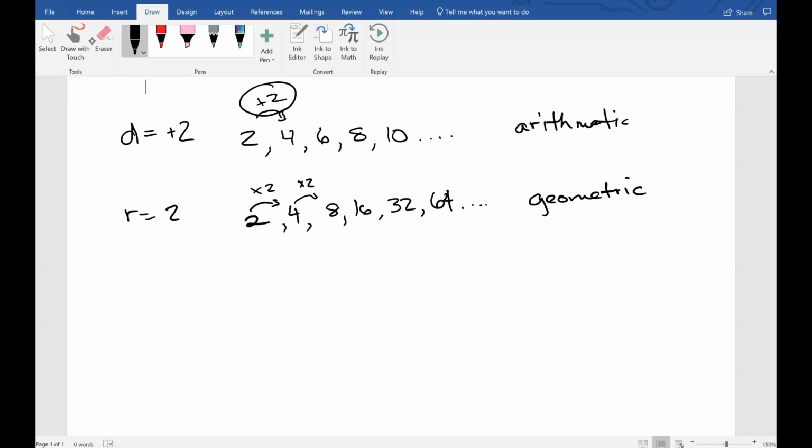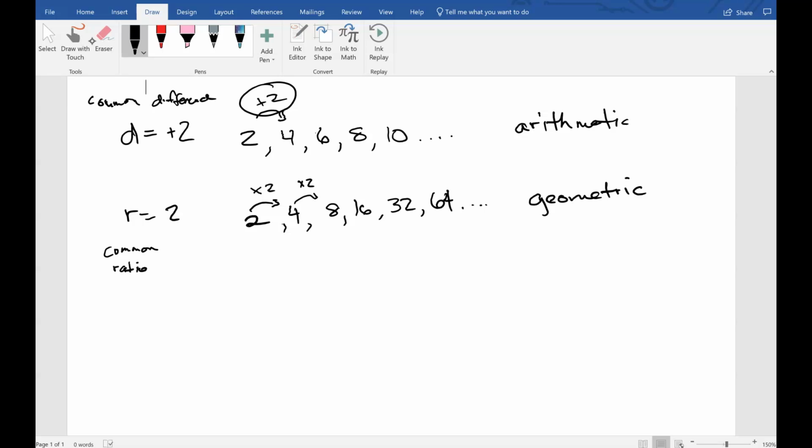We let D equal the common difference, and R equal the common ratio. We're going to use these letters later on as we try to create a generic form of this equation. So keep those letters R and D in the back of your mind. They're called common difference and common ratio.